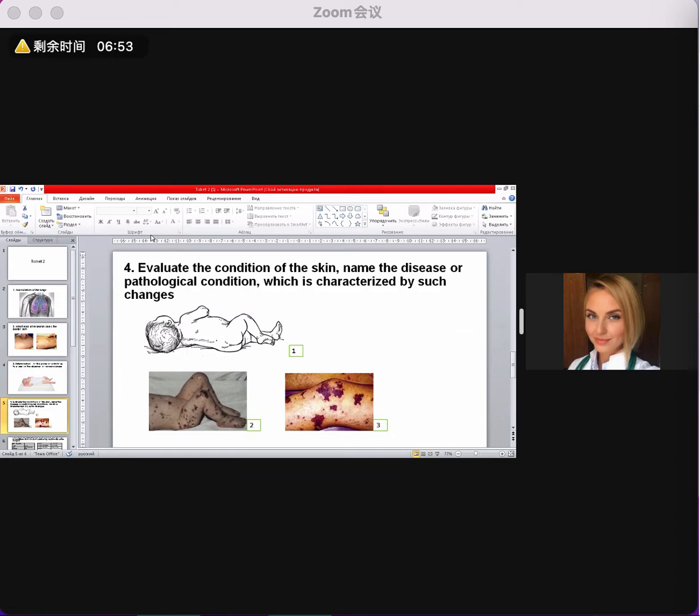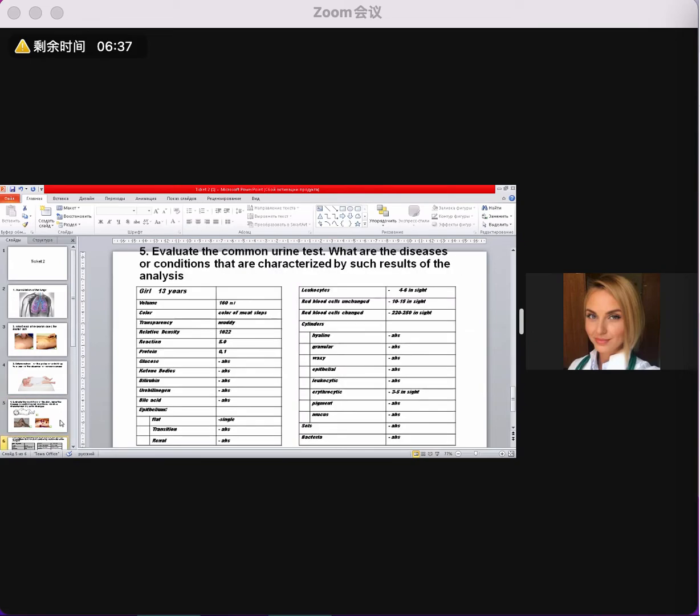Yes, that's right, opisthotonus. I told you opisthotonus. Okay, just write it, because we have a lot of time. Then this analysis.